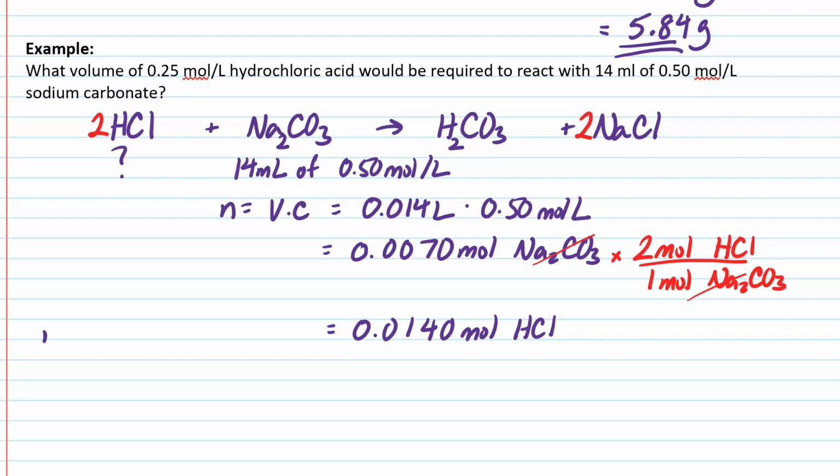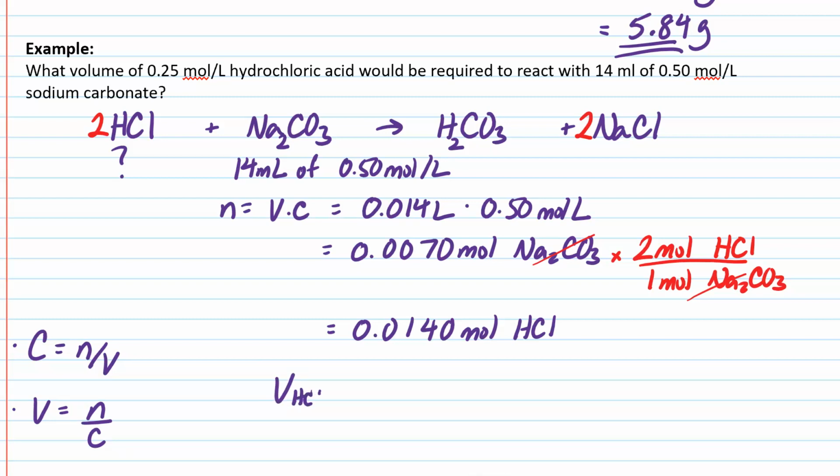So let's take it back to concentration equals number of moles per volume. If what we're looking for is the volume, volume equals number of moles divided by concentration. So let's use that.